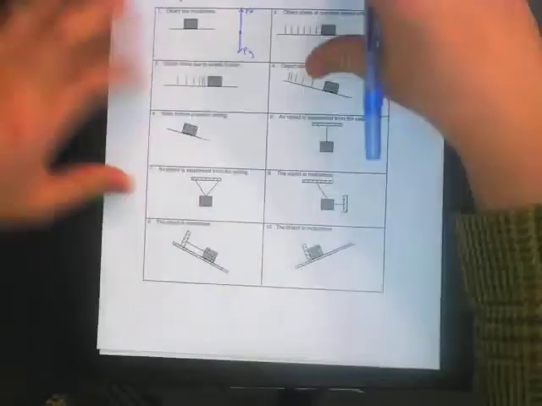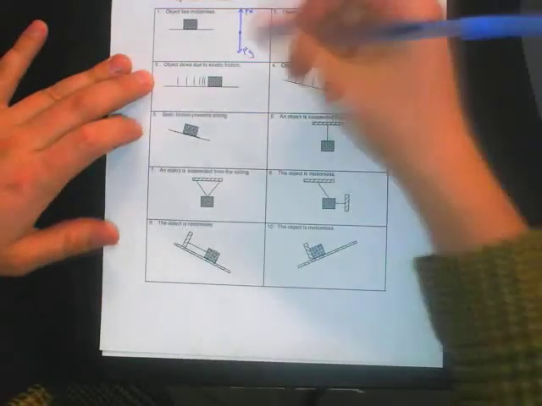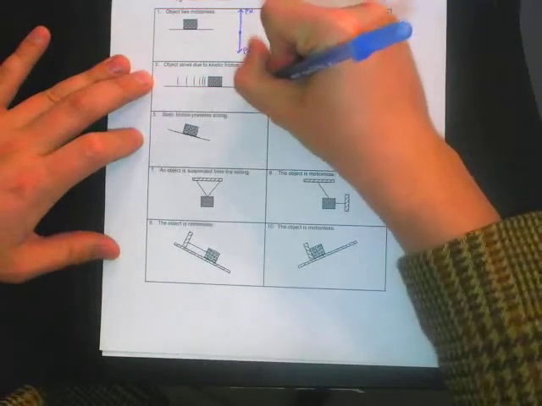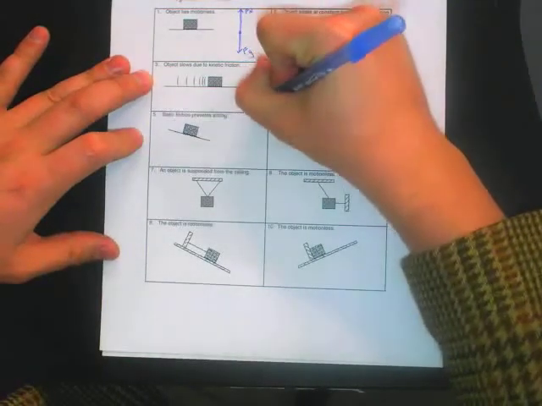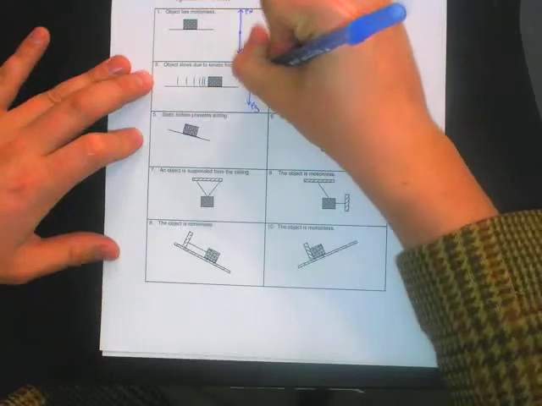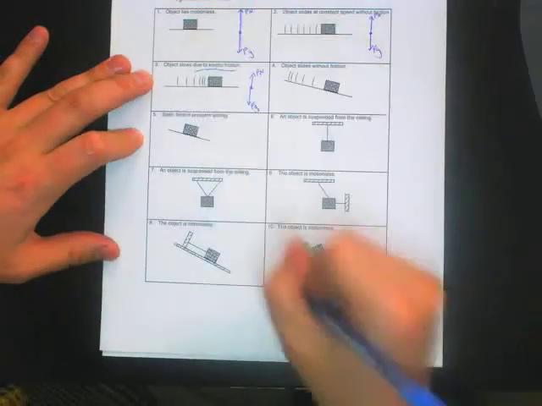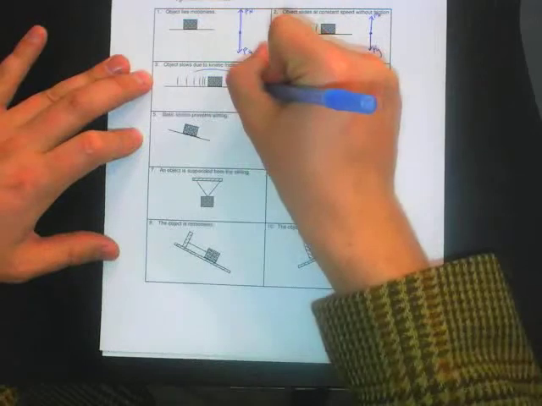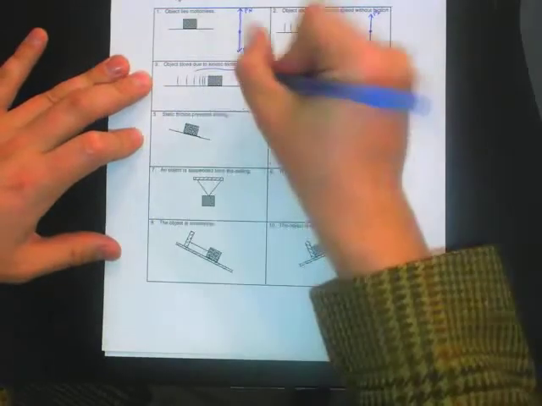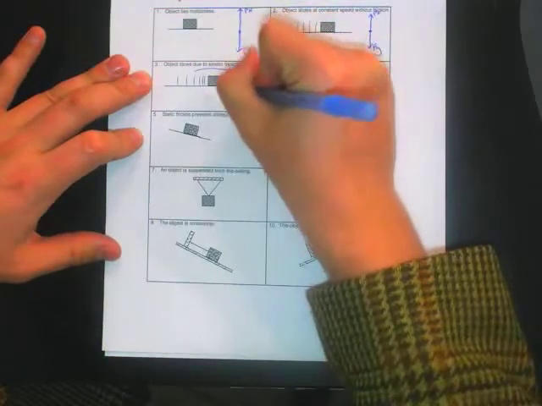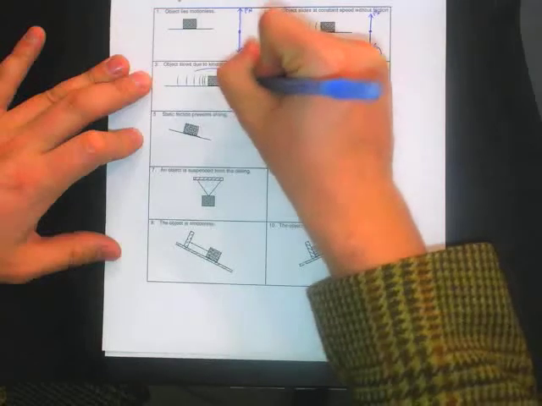And this, number 3, it's the same as number 2. We have gravity down, and we have the normal force up. But in this case, we also have kinetic friction, which opposes motion and is parallel to the surface, pushing it backwards.